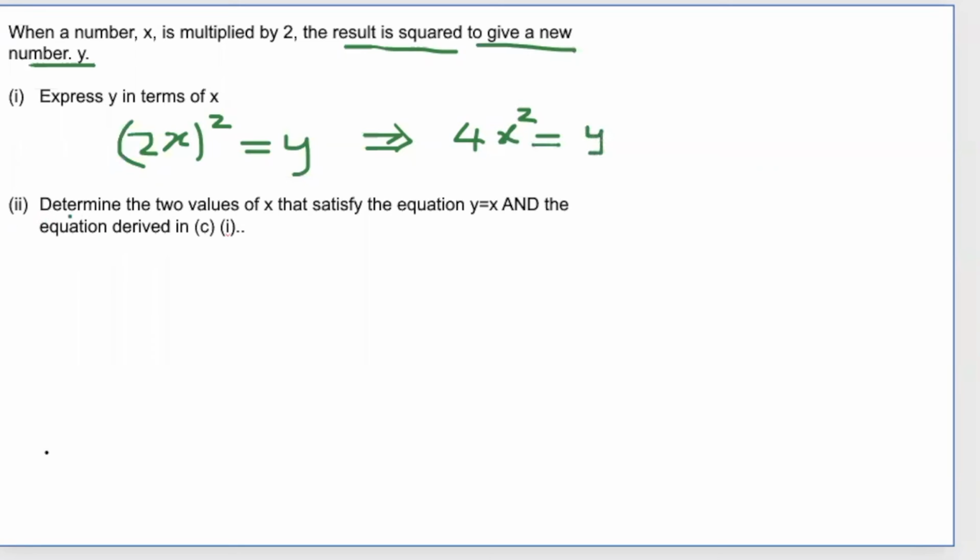Now the next part says determine the two values of x that satisfy the equation y equal x and the equation derived in C part 1.